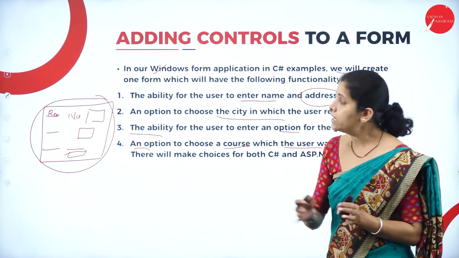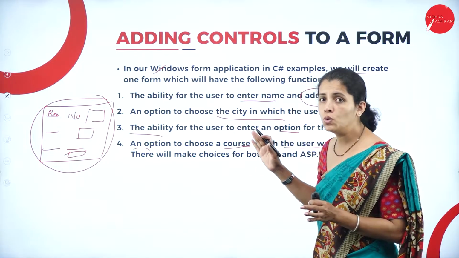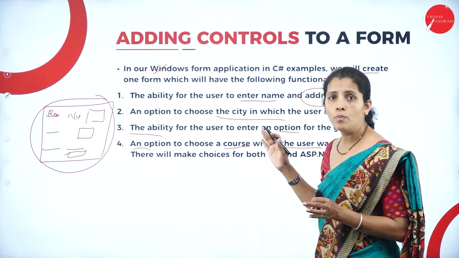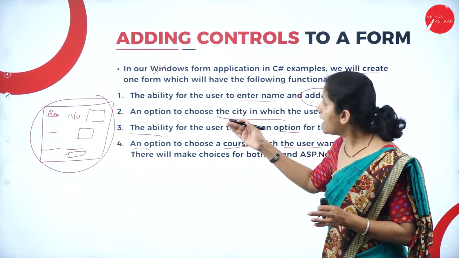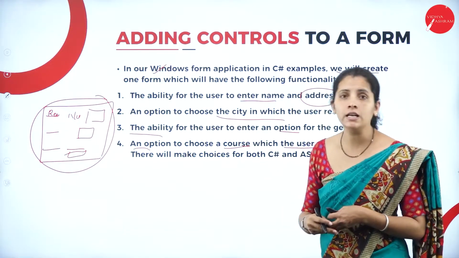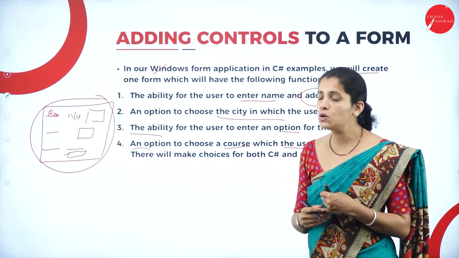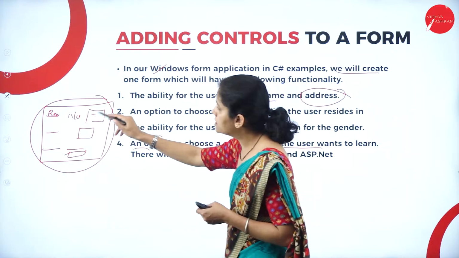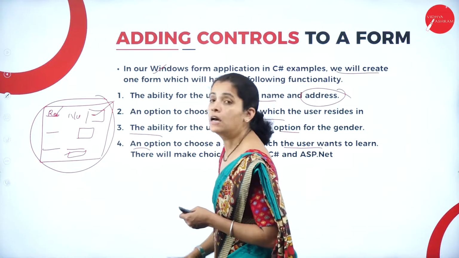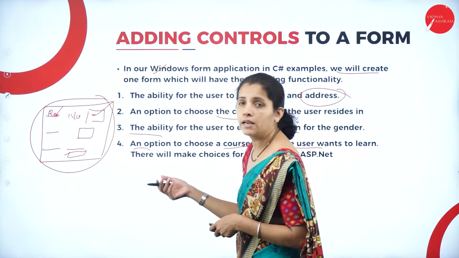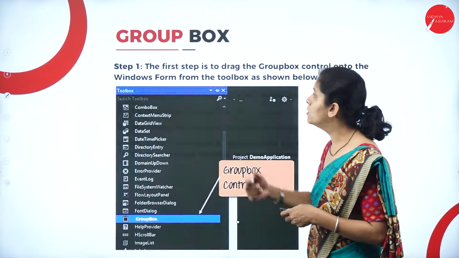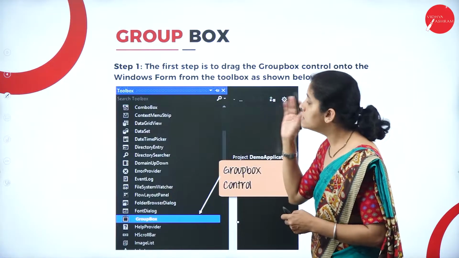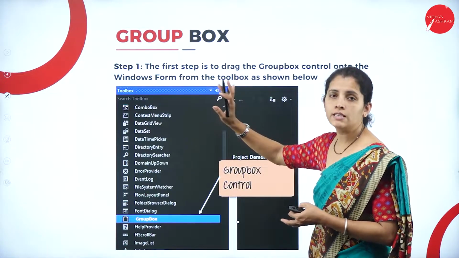So dear students, now I want to design a form with all the functionality. For that, I must add the controls. Then what kind of controls? That is nothing but text box, label, radio button, check button or check box, etc. Now, dear students, this is the first step used to design the form.